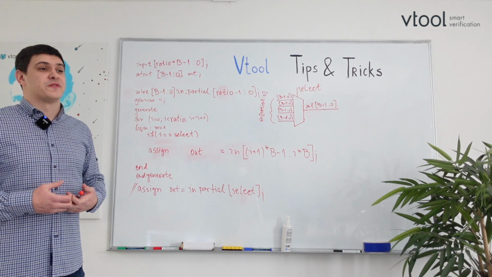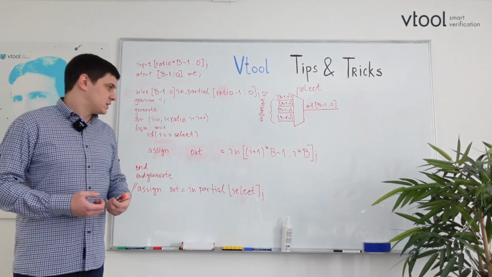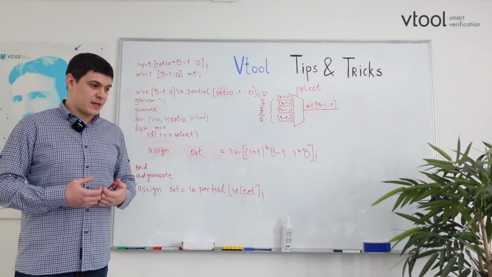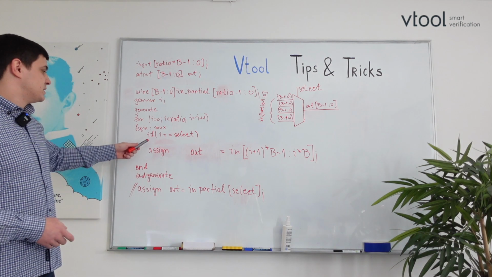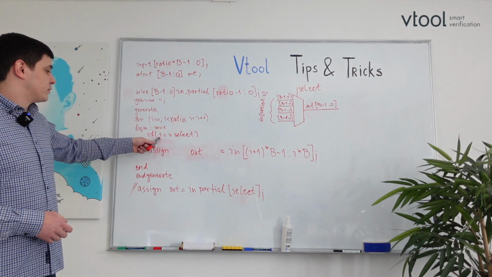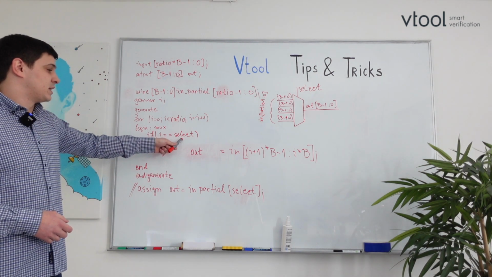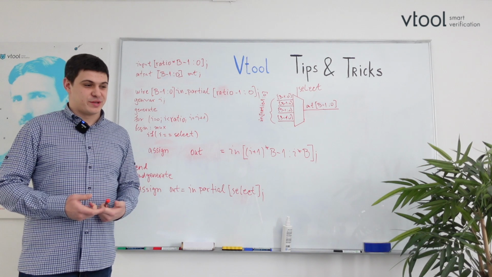Consequently, we don't have any blocks and any wires, so we cannot have signal values in those wires. But we see that here we are comparing our genvar to the signal value, and this is not correct. So we have to change the approach.